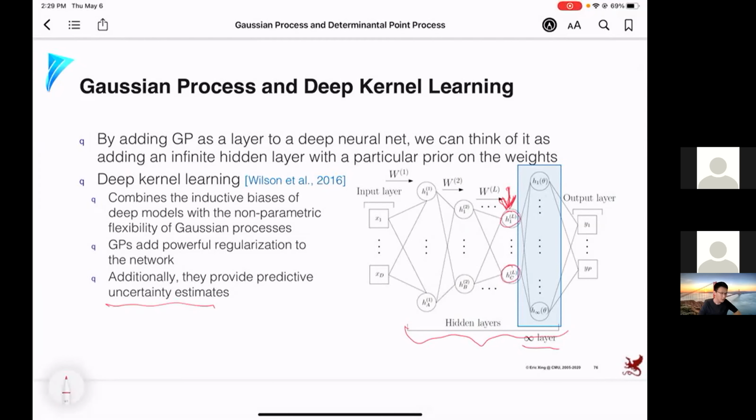And then for the Gaussian process model, this final layer representation is kind of like the parameters inside the Gaussian process, because for a Gaussian process, all the observed data can be thought of as the parameters of our model. So in this sense, I guess these two are the same thing.